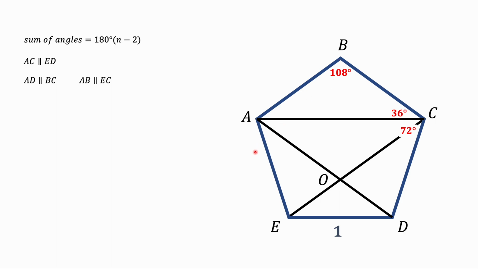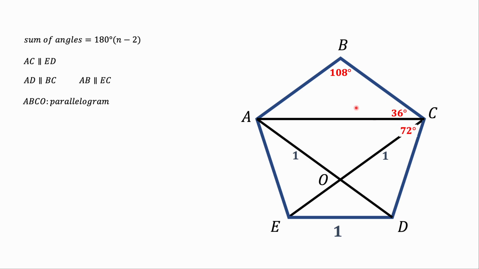But now if you look at the quadrilateral ABCO, we find that AB is parallel to OC and BC is parallel to AO. That means this quadrilateral is a parallelogram. In a parallelogram, opposite sides have the same length. Since AB and BC are 1, it means that AO and OC are also 1. So in fact, ABCO is a rhombus.